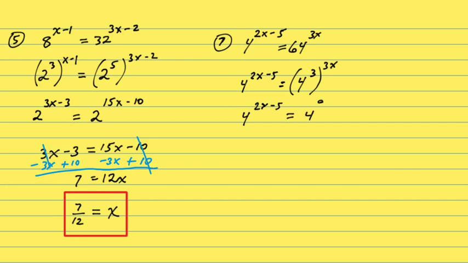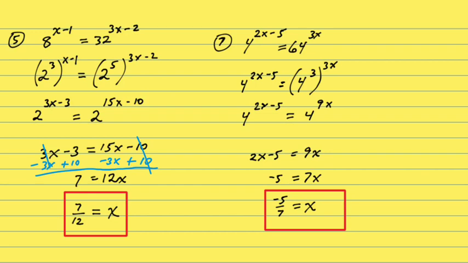Power to a power, you multiply. I think that would make 9x. Now your exponents have to be equal. If I subtract 2x and then divide by 7, that should give me this result.